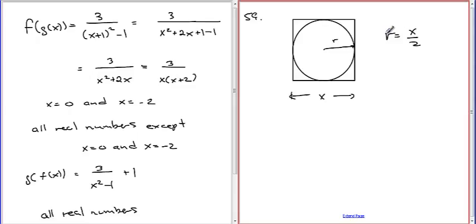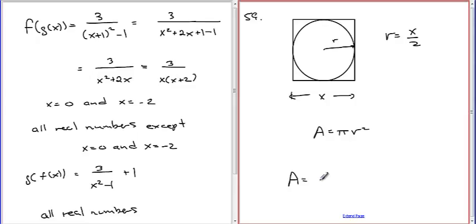Write the area of the circular base of the tank as a function of the radius. So the area as a function of radius is just the area of a circle, which is pi r squared. And then it says find and interpret a of r of x. So this is like my f of x, and this is like my g of x. So what that allows me to do is to figure out what the area of the tank is based on the dimensions of the square thing.